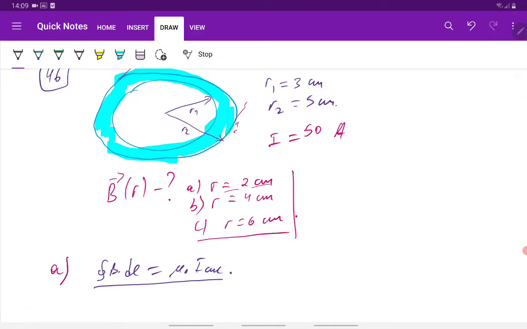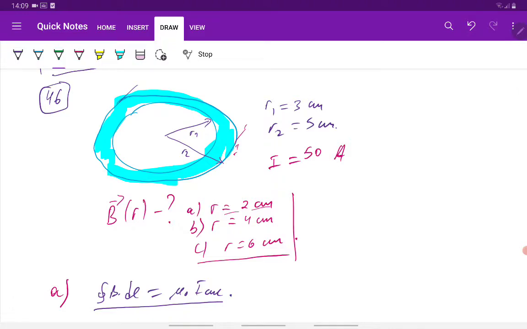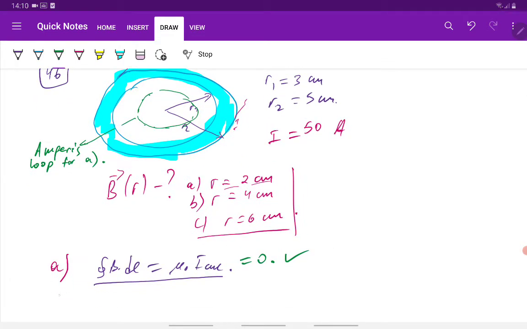Let's draw the Ampere's loop for part A. We can see that there is no current enclosed in this Ampere's loop, no current into the page or out of the page, so for part A it's 0.